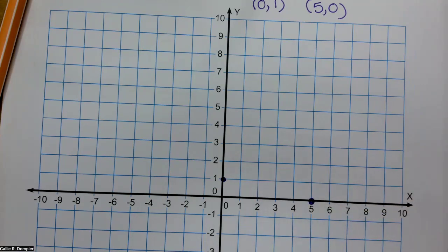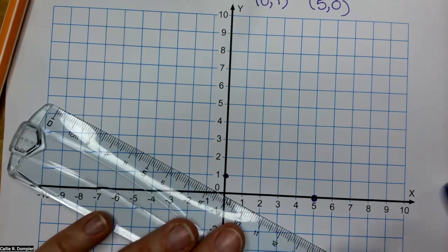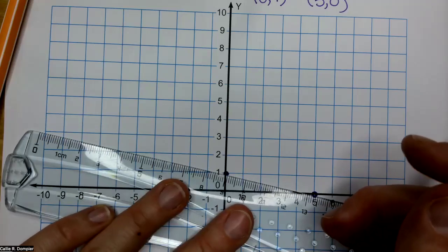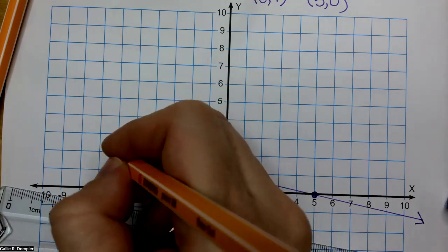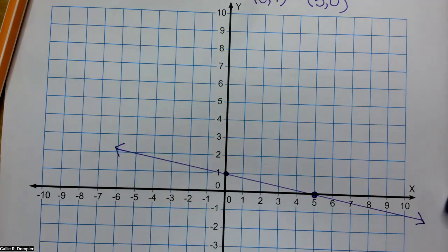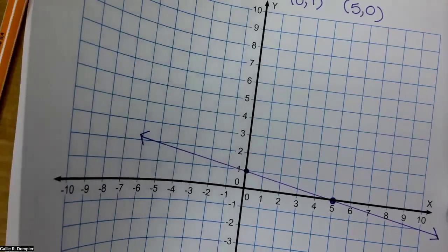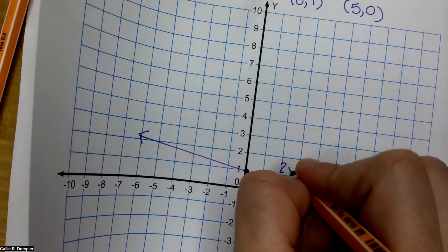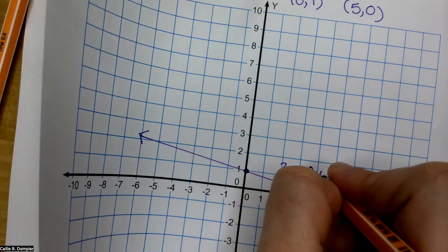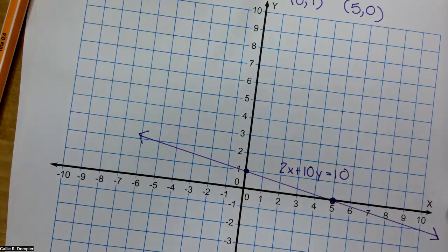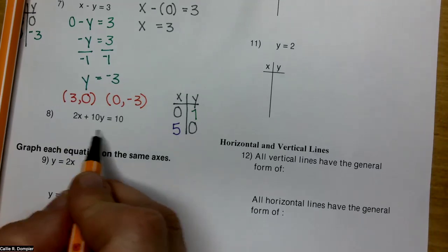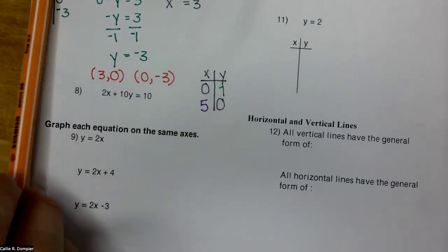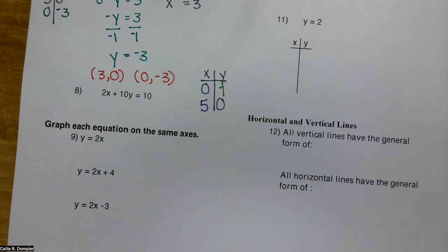So that's going to be that line right there. And the equation was 2x plus 10y equals 10. Good? All right, and you're welcome to check that. Just type that into Desmos, see if you get the same graph that you found graphing.